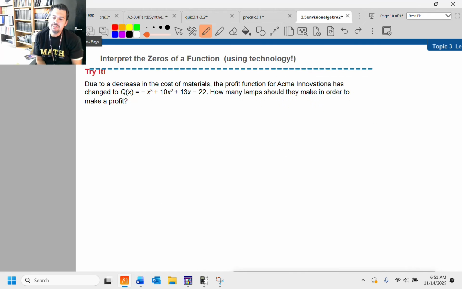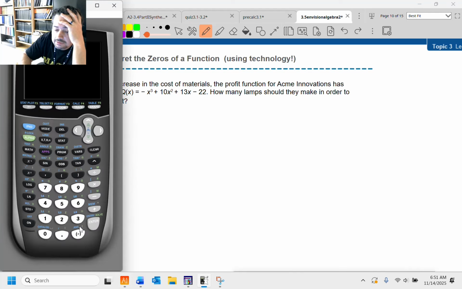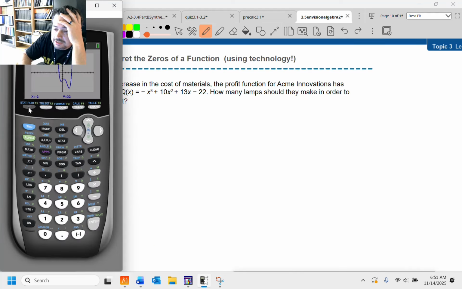Due to a decrease in the cost of materials, the profit function for Acme Innovations has changed. Uh-oh. Well, let's see what it looks like. Let's just go to our trusty TI-84 and push buttons.